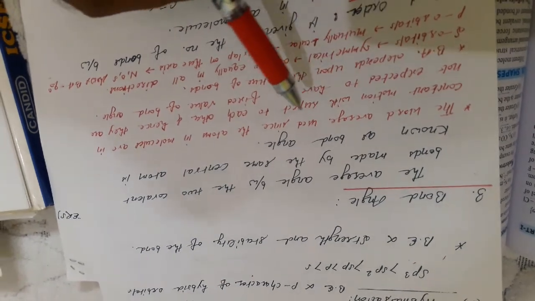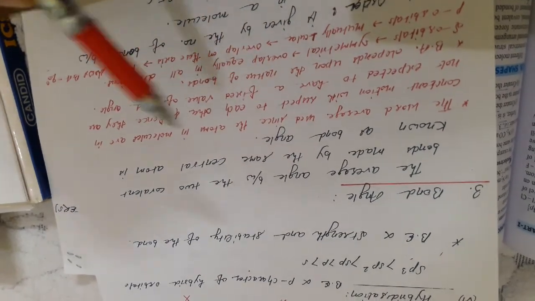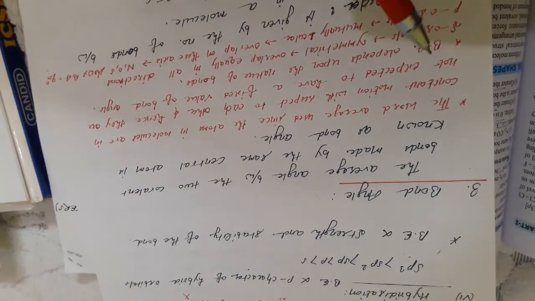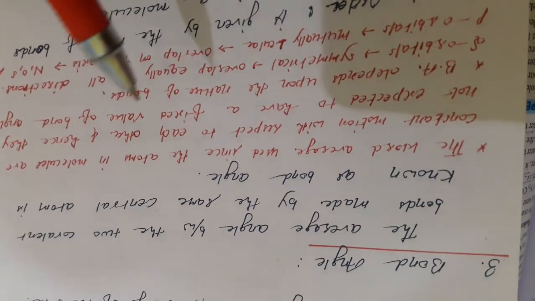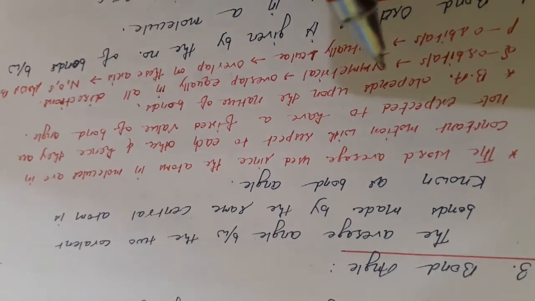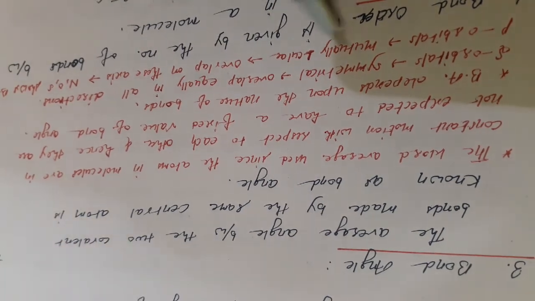The word average is used since the atoms in molecules are in constant motion with respect to each other, and hence they are not expected to have a fixed value of bond angle. And bond angle depends upon the nature of bonds also.